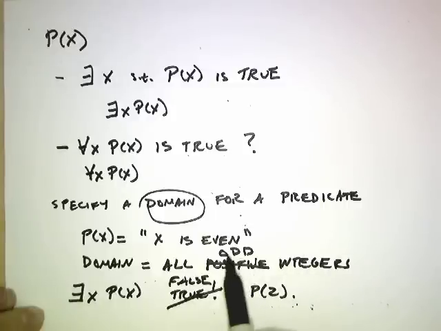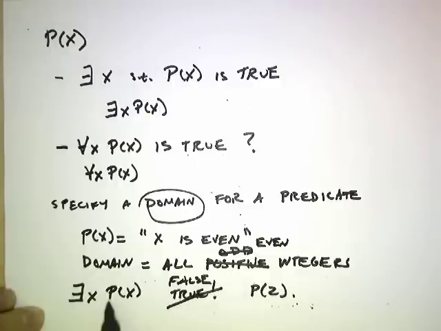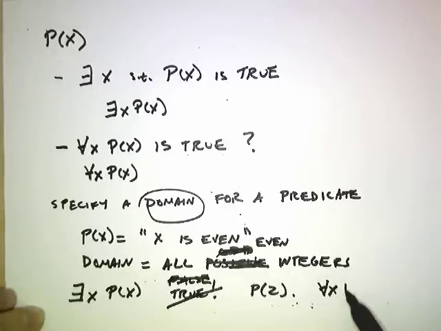Okay, what if we switched it again and said, instead of all odd integers, we'll do all even integers? Well then, there exists x, p of x is clearly true. I mean, the domain is now all even integers, so for every x, p of x is true. And so if the domain is all even integers, then for all x, p of x is true.